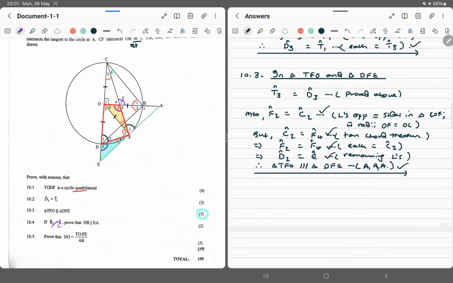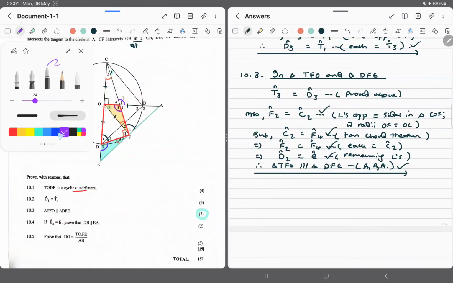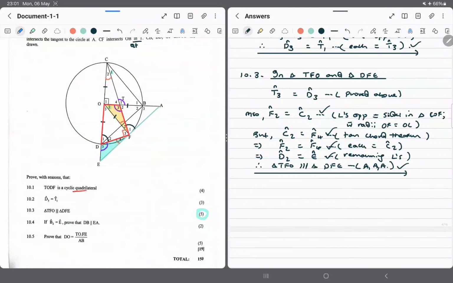Now we're told if B2 is equal to angle E. Okay. Now let's remove this 90 degrees of ours. Doesn't look like it helped us anyway. So, what are we told now? We are told that B2 is equal to angle E. And obviously this would mean it is also equal to angle O2 then, because that O2 we found out to be equal to E in a way.